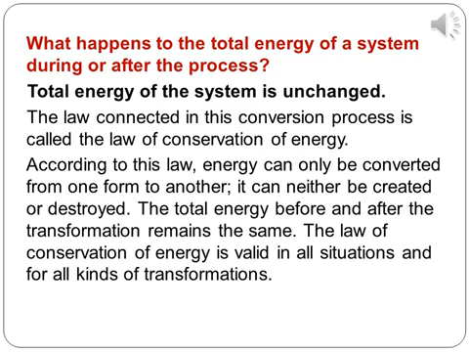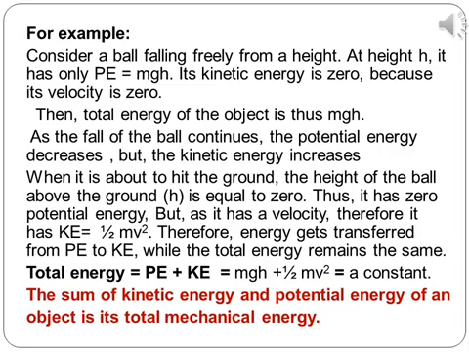The law of conservation of energy is applicable in all situations and for all kinds of energy transformations. A ball falling freely from a height: at height h, it has only potential energy, which is equal to mgh.